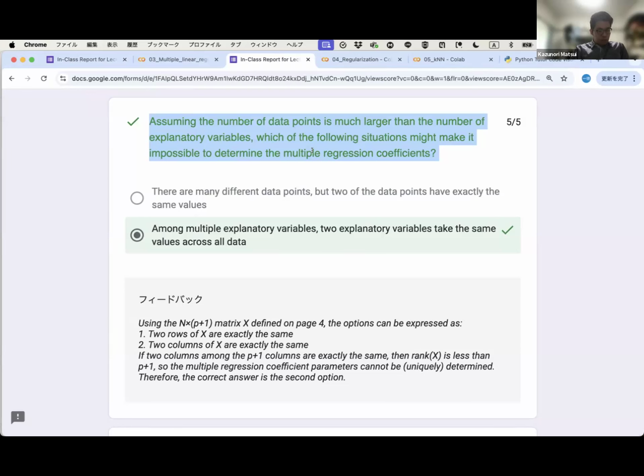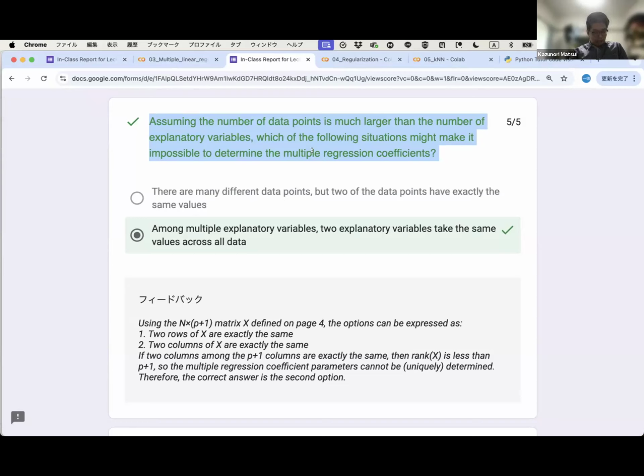The first option is there are many different data points, but two of the data points have exactly the same values. The second is among multiple explanatory variables, two explanatory variables take the same values across all data.